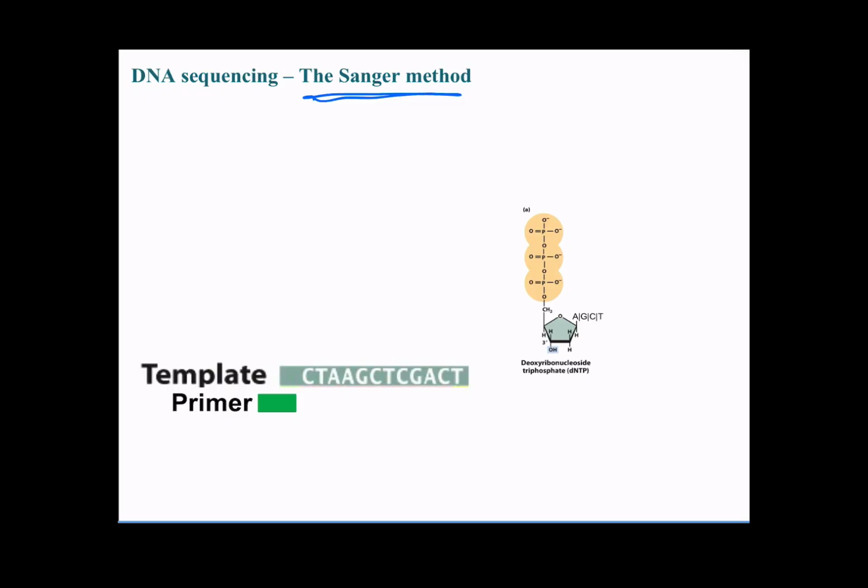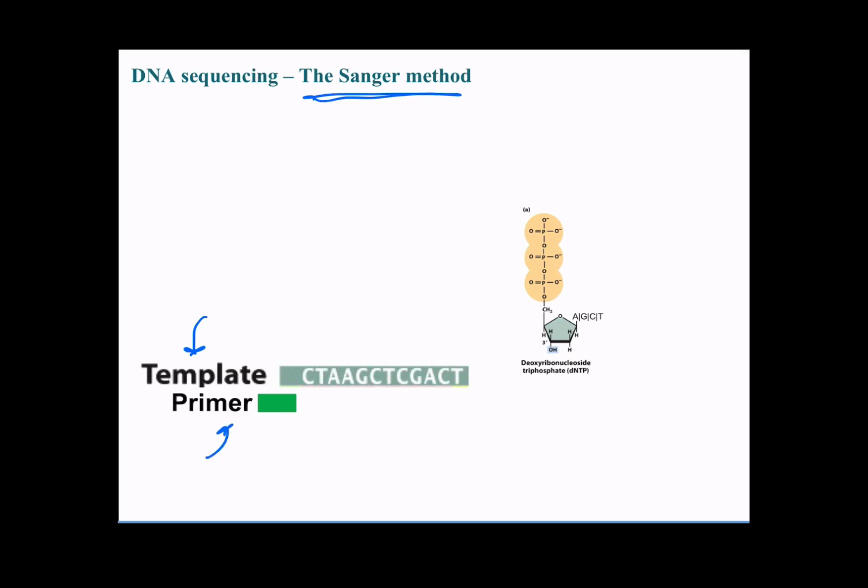Let's say that we have a template sequence that we would like to find the sequence of, right? We see it here on the screen, but let's pretend for a second that we don't know that sequence. What we need to do for Sanger sequencing is to start with a primer. It doesn't have to be a super specific primer.